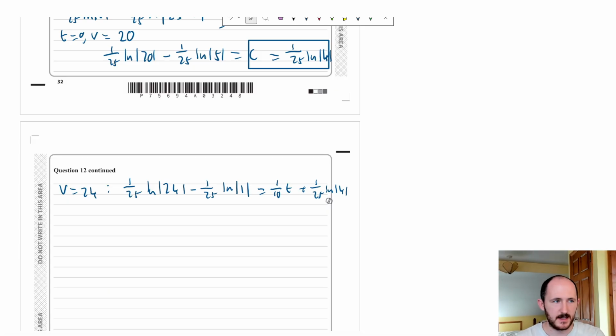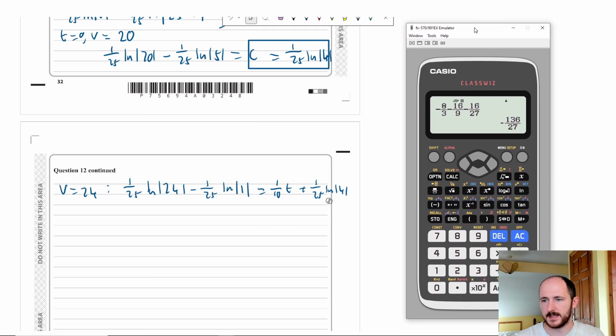We don't need an exact value, because we're rounding it to the nearest minute anyway. So 1 over 25 ln 24 minus 1 over 25 ln 1. ln 1 is just 0, isn't it? Then minus 1 over 25 ln 4 equals that. Then we're just timesing by 10.